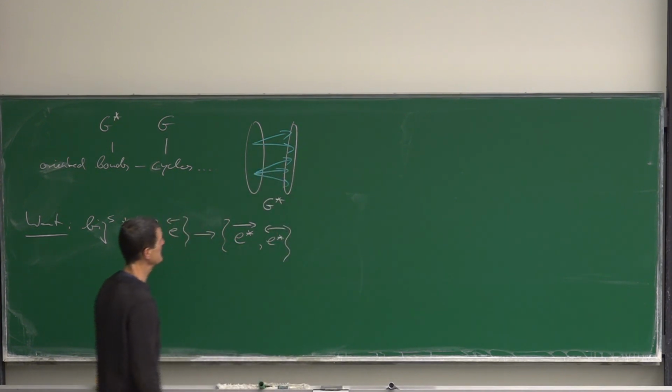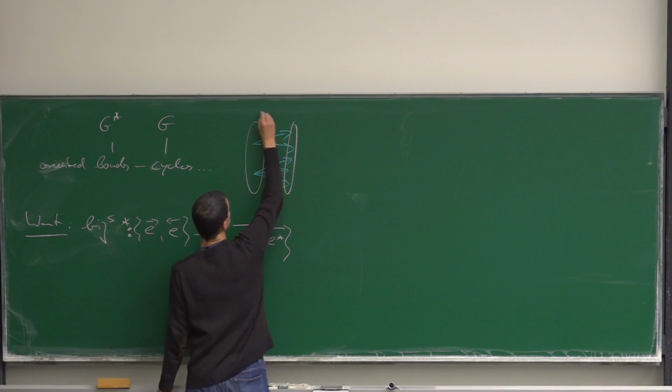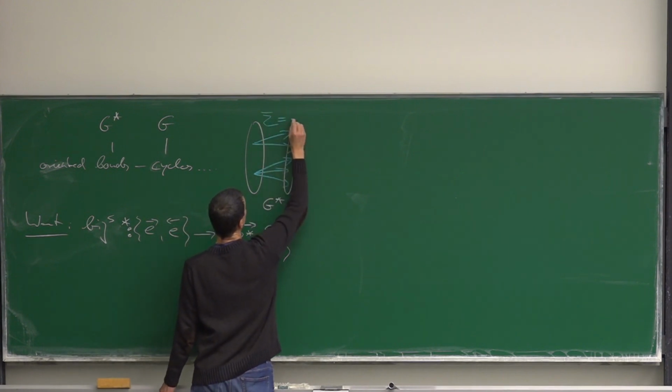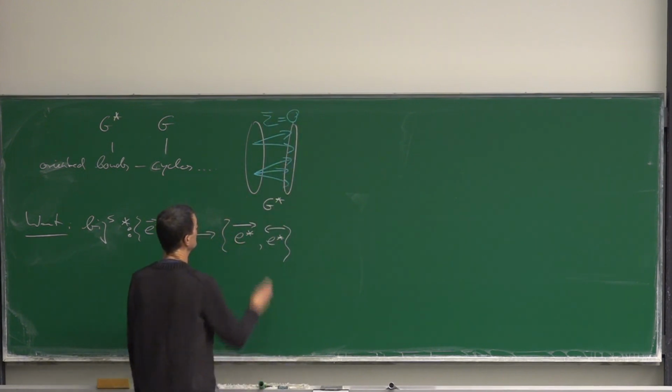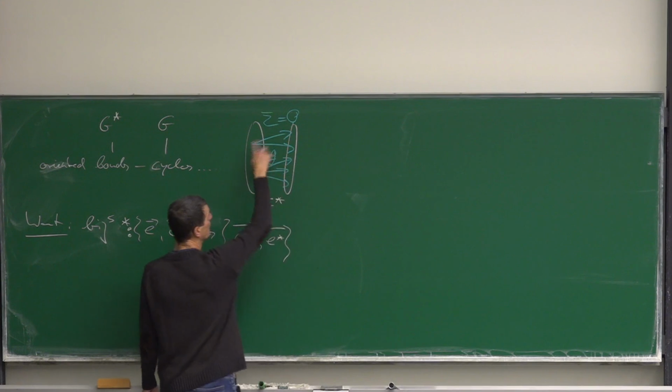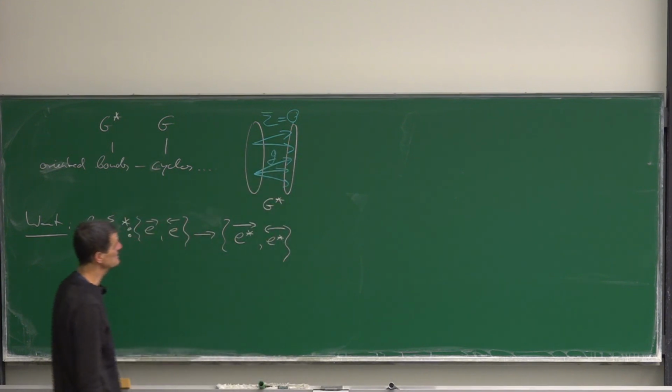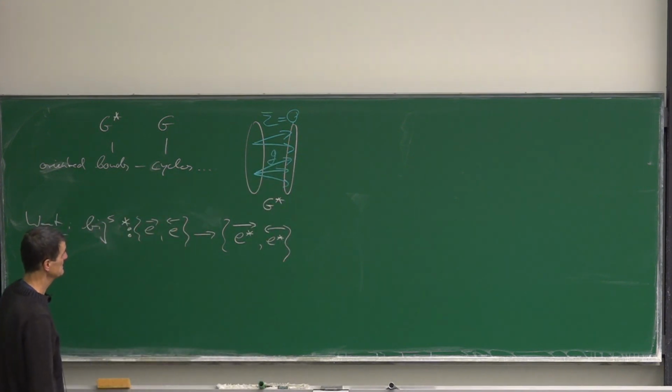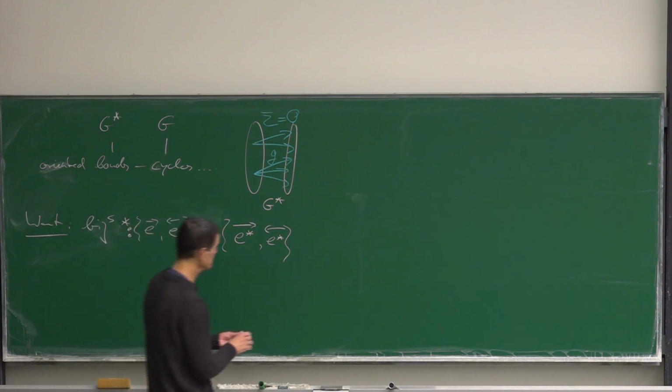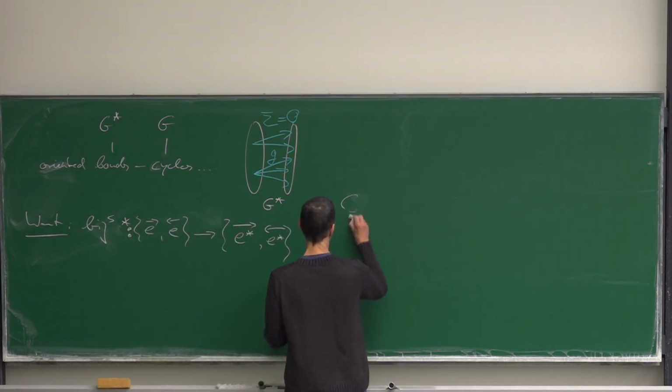Right, something like that. And we know that the sum over the G values of these oriented edges is going to be 0. What does that give us in G?